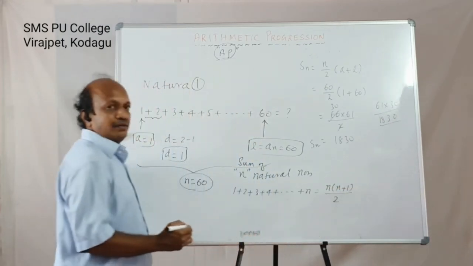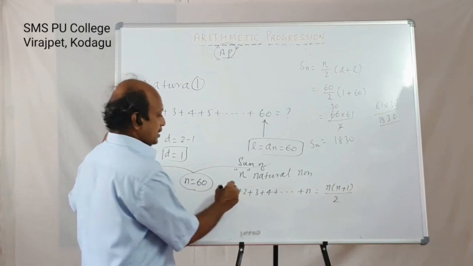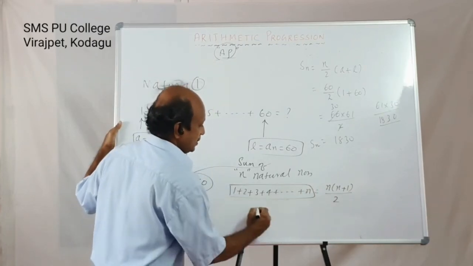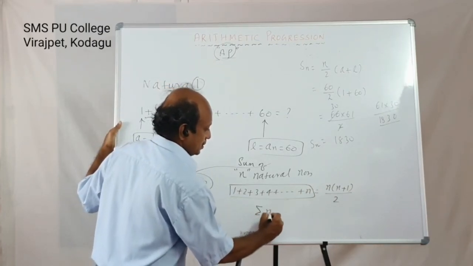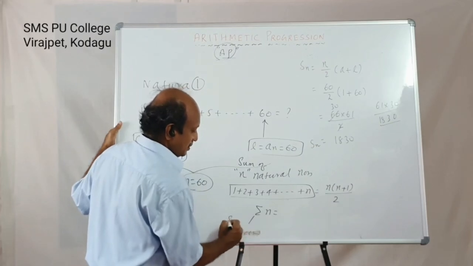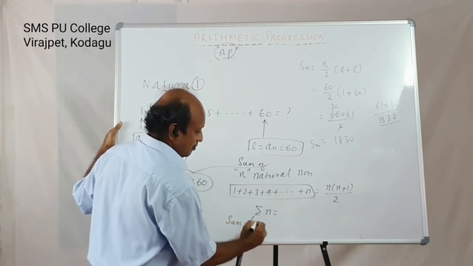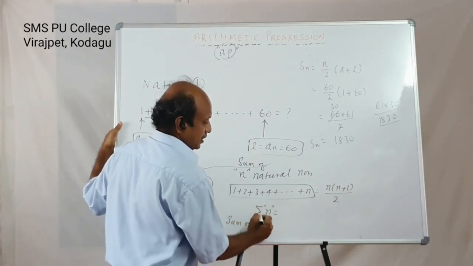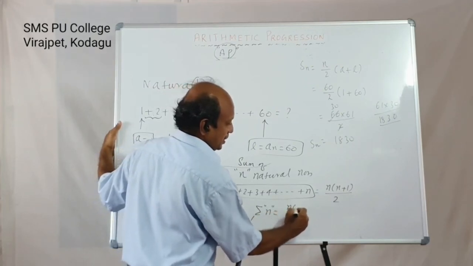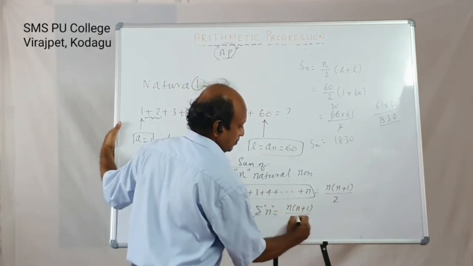Another way we put it is sigma. Sigma means the sum of n natural numbers, which is n into n plus 1 by 2.